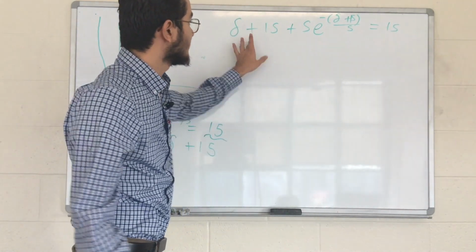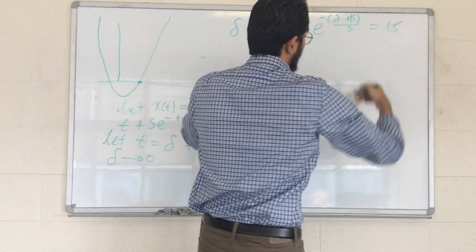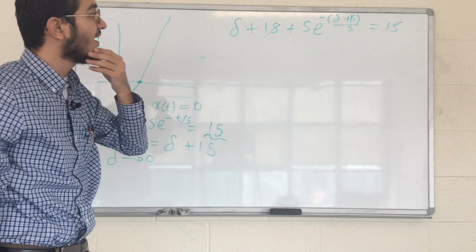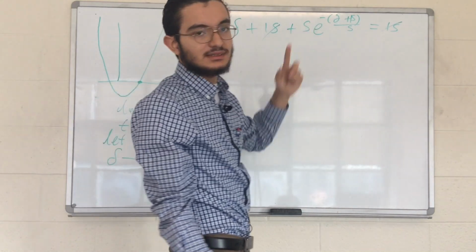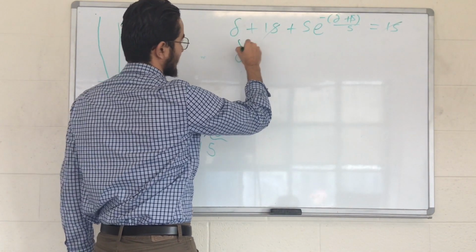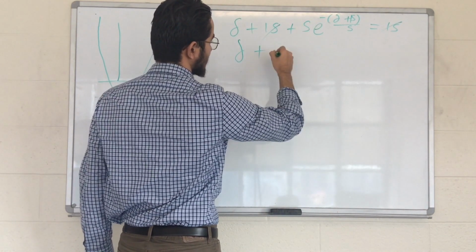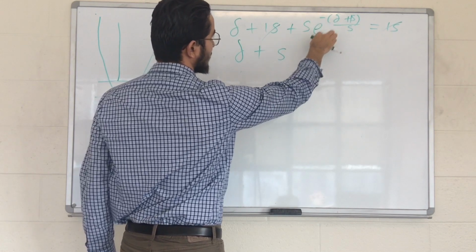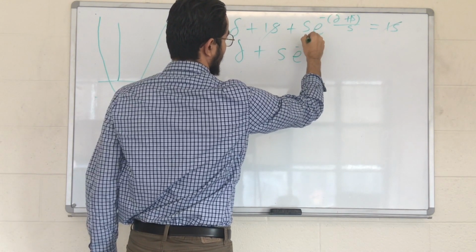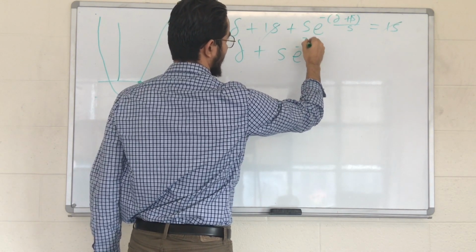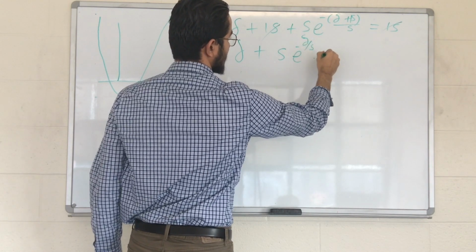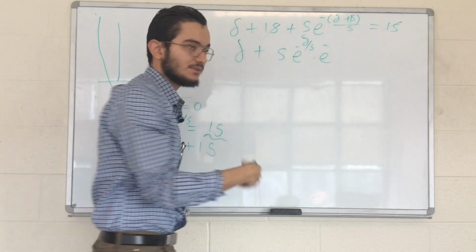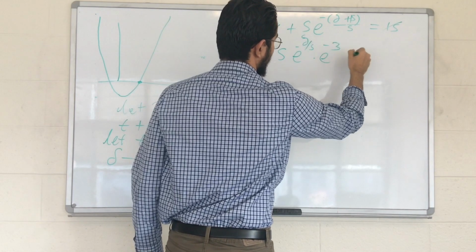Now look at that. This 15 and this 15 cancel out, right, when you subtract on both sides. And over here we can simplify this a little bit, so we have delta plus 5 times e to the negative delta over 5, times e to the negative 15 over 5, which is 3, so negative 3, right?